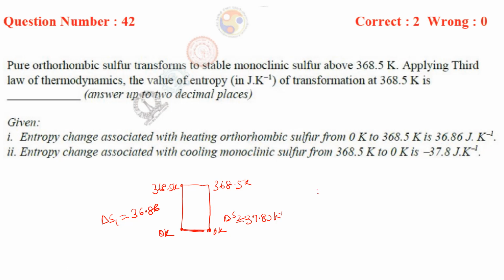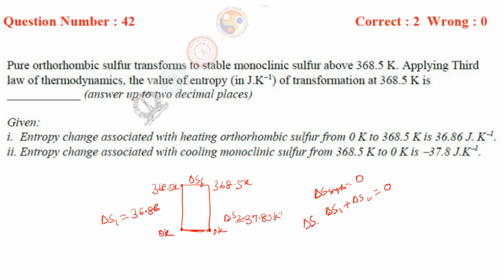So we know that for this kind of system, delta S system should be 0. That means delta S1 plus delta S2 is equal to 0. And there will be one more entropy associated with the transformation, right?